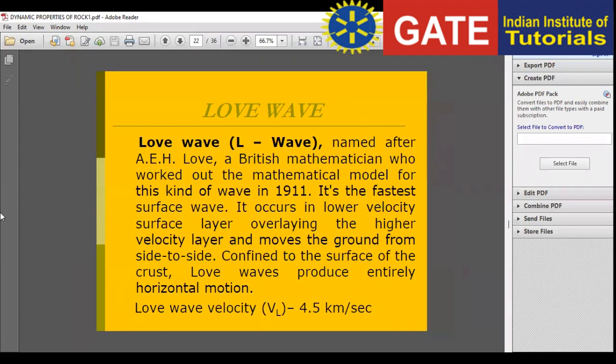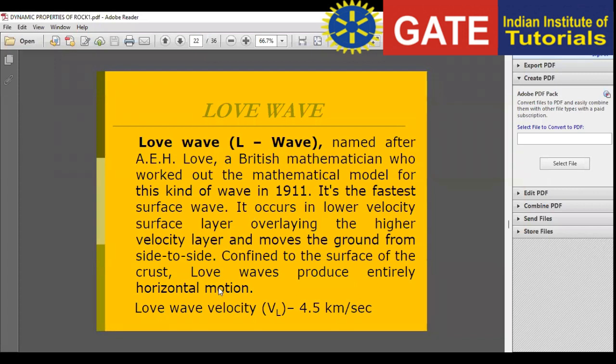It occurs in the lower velocity surface layer overlaying the higher velocity layer and moves the ground from side to side. Basically it is confined to the surface of the crust, and the Love wave produces entirely horizontal motion.